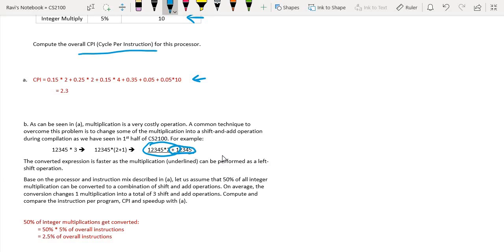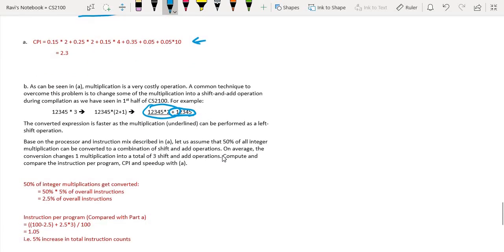This shift and add is obviously going to be much faster than the single multiply alone. Now we are given that half, or 50%, of all the integer multiplications can be converted into shift and add operations, and one multiplication instruction is equivalent to 3 shift and add operations. Now we are supposed to compute the new CPI.